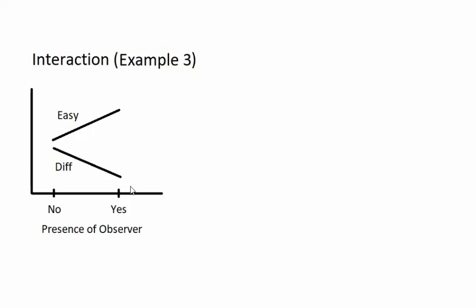But if it's a difficult task, the person is already under a lot of pressure and stressed, and the arousal caused by the spectator will create an overload and cause the person to choke at the task. So here's an interaction in which the lines actually move in separate directions. It's a positive line in one situation and a negative line in the other.